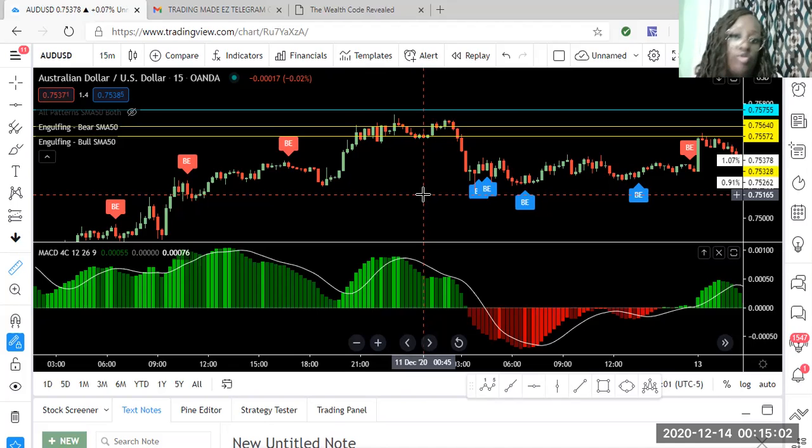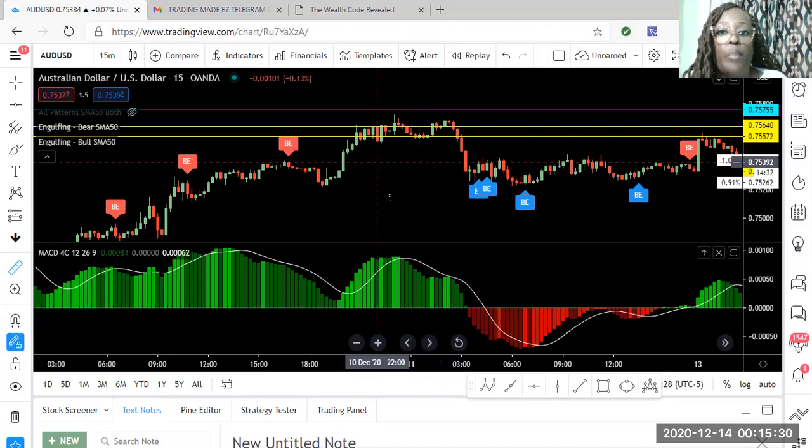I would drop multiple positions, right? So I don't have to be in the market for a long period of time to capitalize on 80 plus pips. I don't have to do that. So I minimize my risk by not being in the market long, and I still walk away with the intended profit that I was looking for on that particular trade.